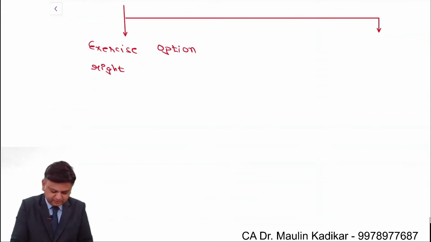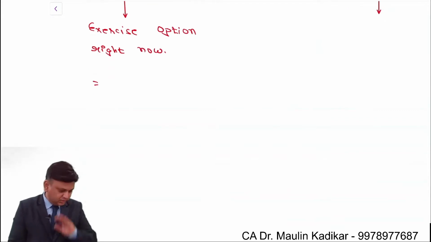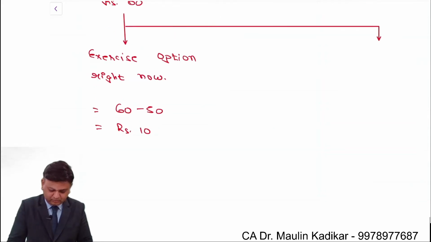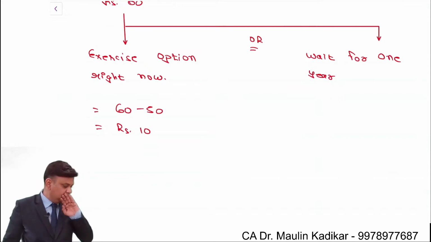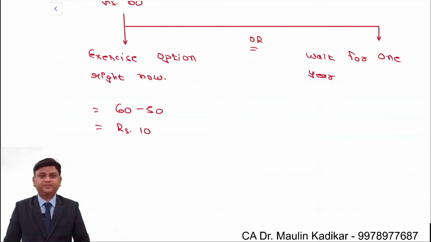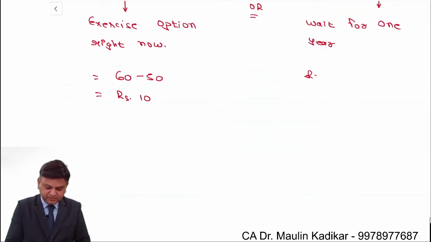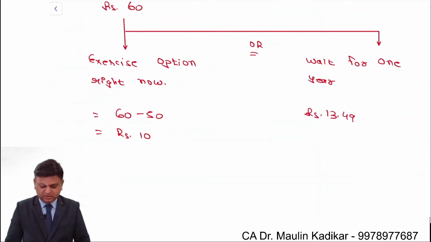Exercise option right now. In that case, what you will get? 60 minus 50, you will get an amount of rupees 10. Or wait for 1 year. So if at all you wait for 1 year, then the amount that say you are going to receive is discounted in present value term, and it is rupees 13.49. You make a comparison of this two and you select this amount.